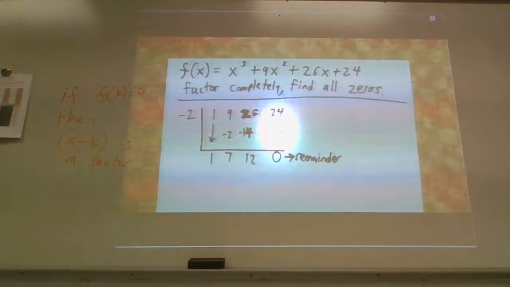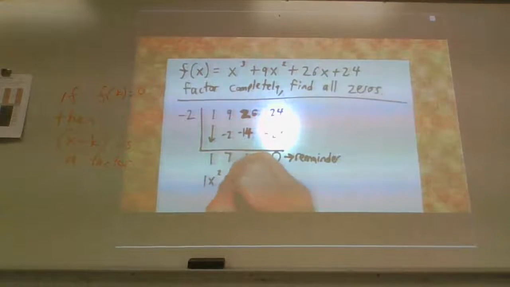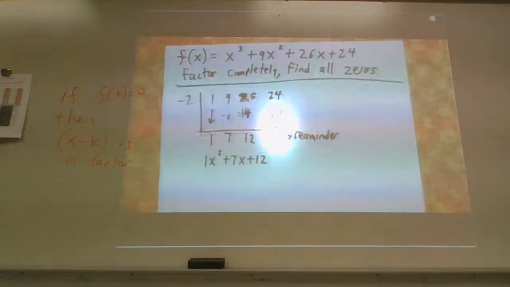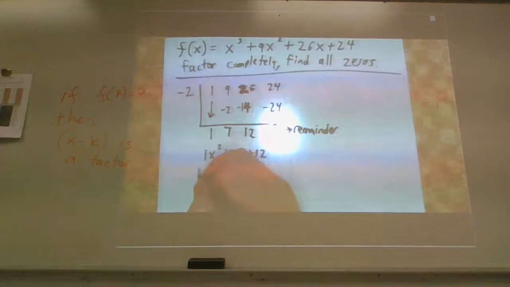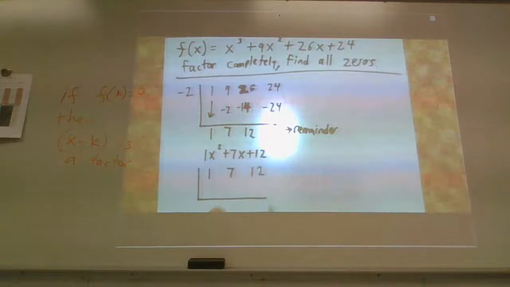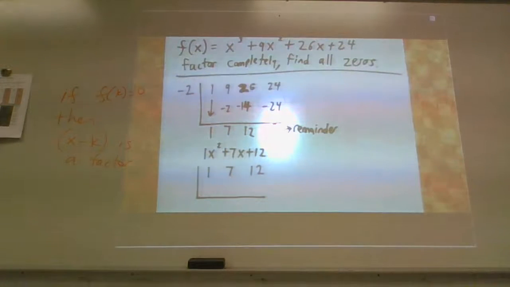Well, let's see what happens now. This results in 1x squared plus 7x plus 12. So let's continue the synthetic division using those brand new numbers.